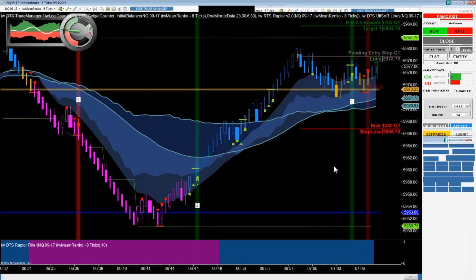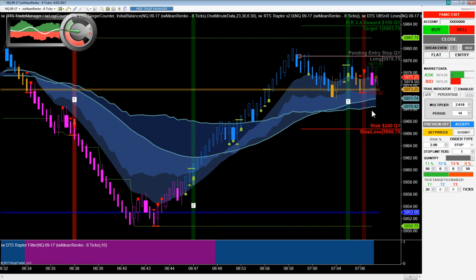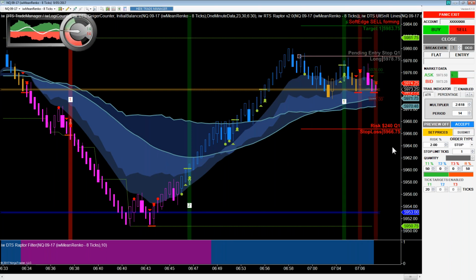The actual stops should be way down here, believe it or not, because we very well could see a pullback back to even halfway through here, like 59.65.